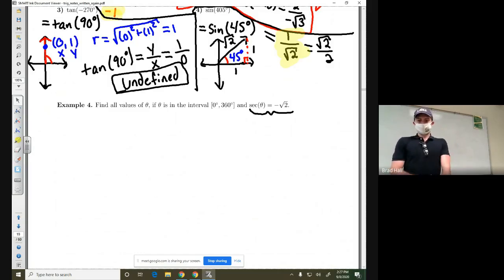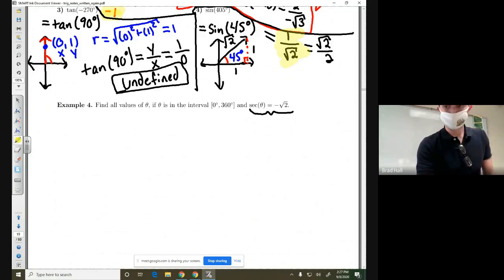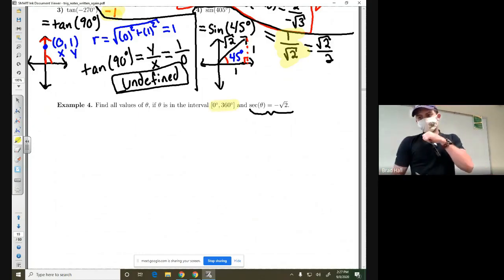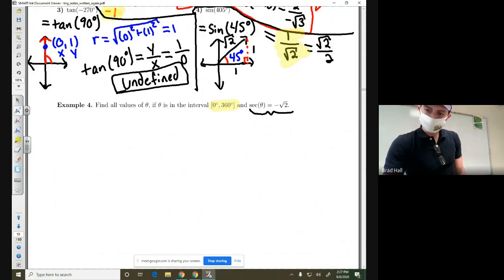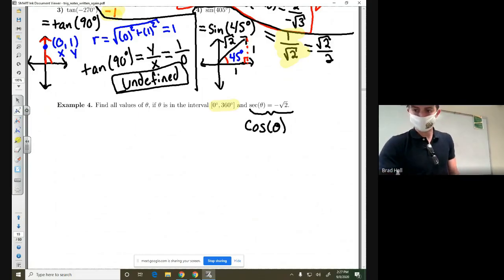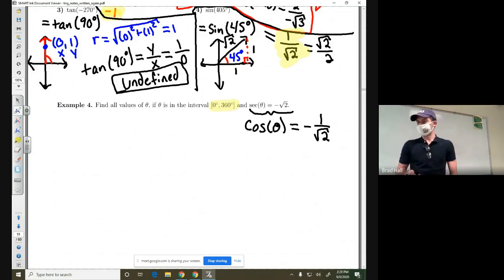I mean, if anything, they're asking us to find a bunch of values in this interval. And so they give us that secant is a negative value. Now, secant's not negative everywhere. Secant is only negative in certain quadrants. What we did for that problem I'm thinking of is we instead wanted to know in which quadrant is cosine of theta equal to negative 1 over the square root of 2 possible. And you might think, where did I pull that from?